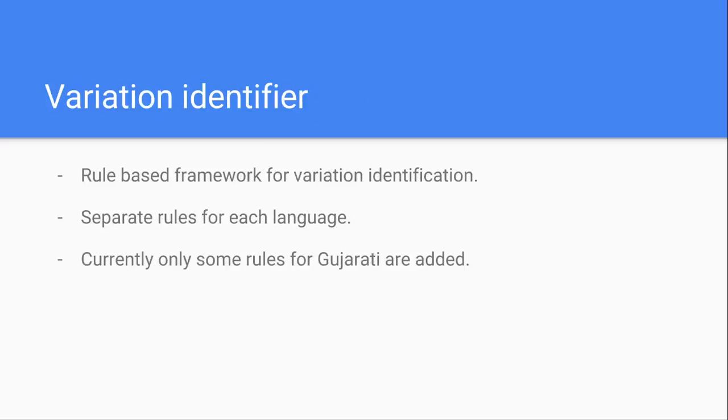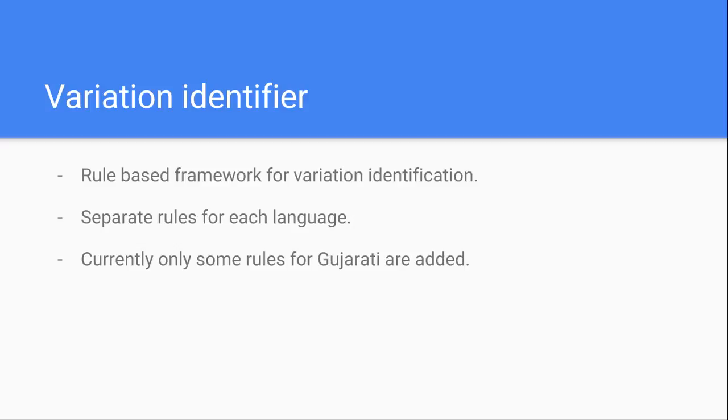Next, variation identification. Variation identification is basically spell variation. You can check the same word written slightly differently. We want to treat them as one for any IR applications or in many NLP applications also.